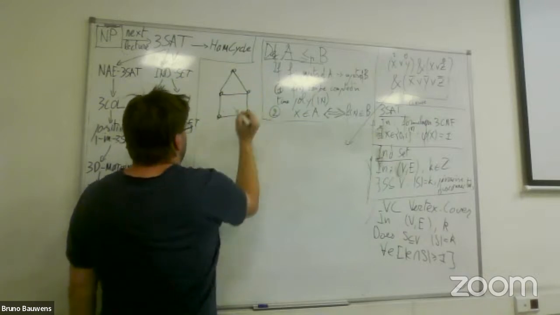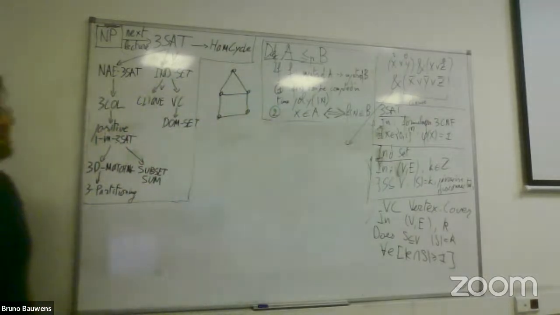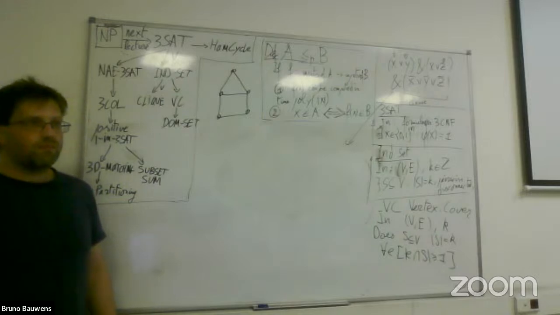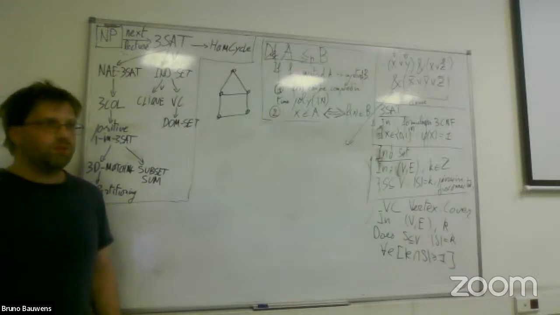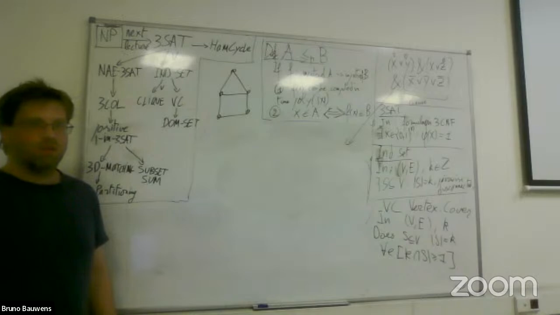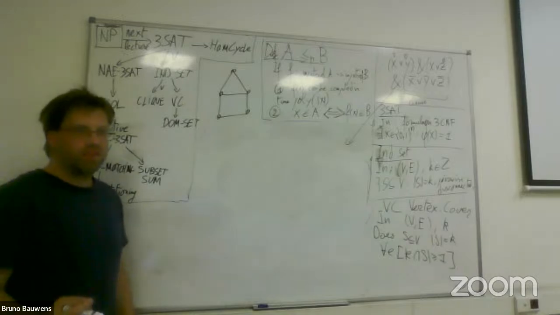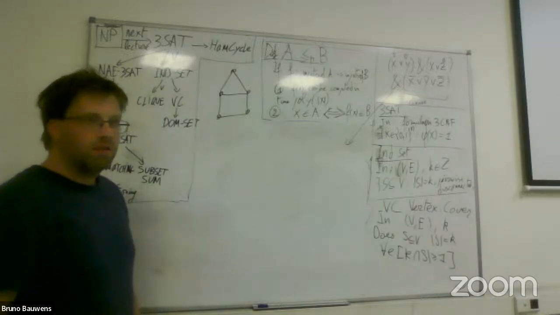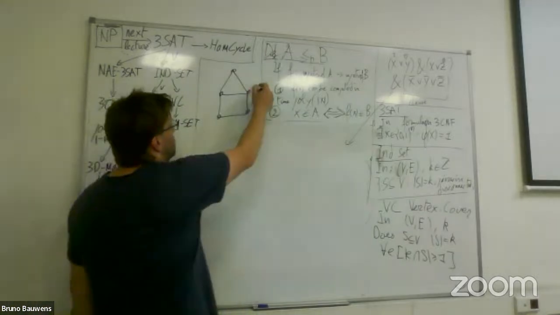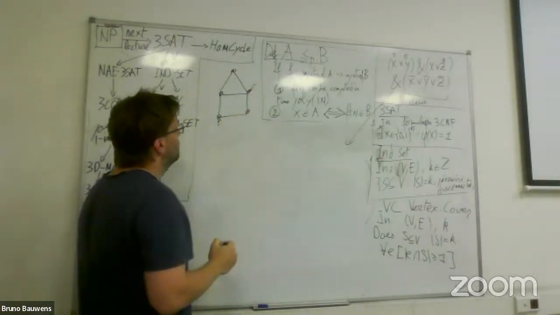Does this graph have a vertex cover of size 2? Yes, who says yes? So what's the vertex cover? This, for example?